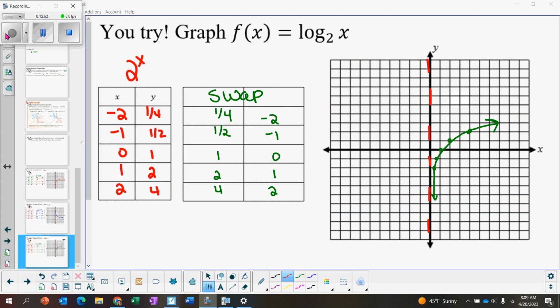All right, so here is our graph of log base 2 of x. Once again, we had an asymptote of x equals 0. And that is section 6.3, logs and log functions.